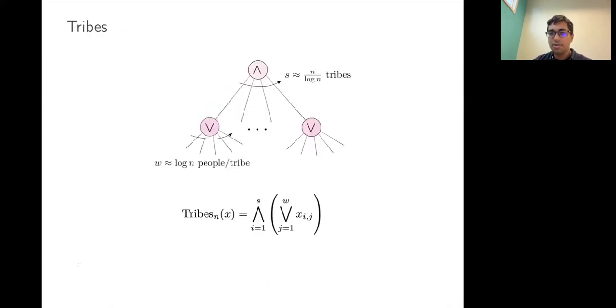And finally, another extremal Boolean function is the tribes function, which is the AND of a bunch of ORs, and each OR is a tribe. If you want to work out the influence for this, it's a calculation, but it's not too difficult. You'll see that the influence of each coordinate is log n over n.